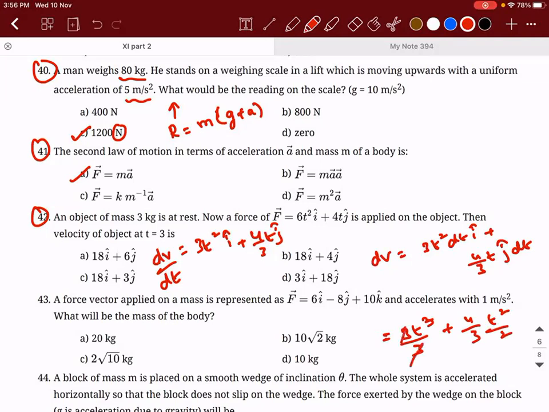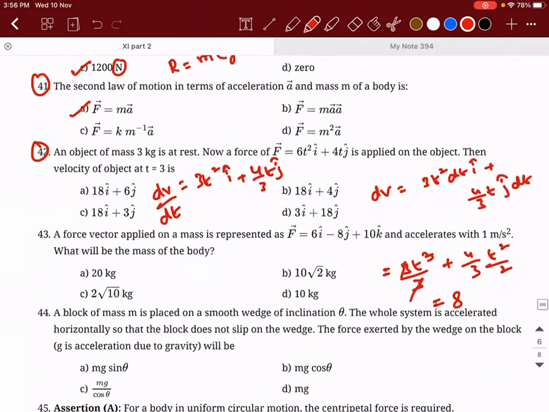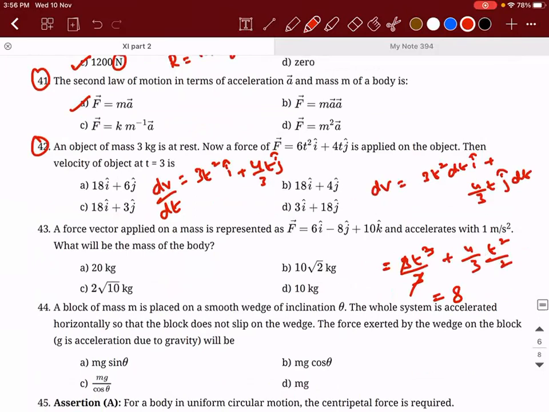So this and this will get cancelled, isn't it? Oh, it is 2, right? Yeah, 2t square. Yes, sir. 2t square. Oh, then it will be 2t cube divided by 3.